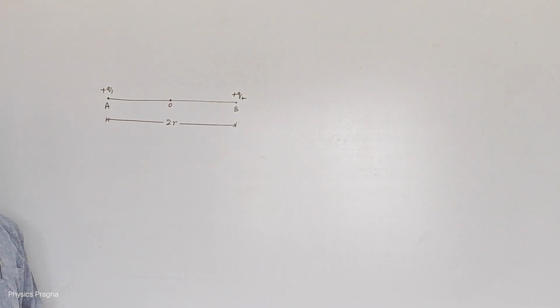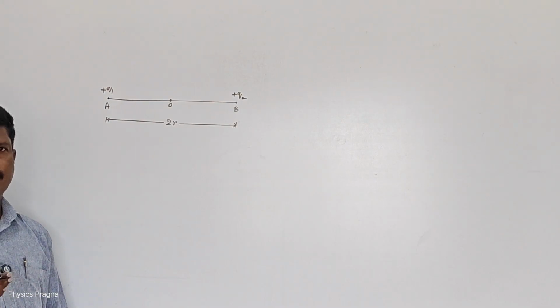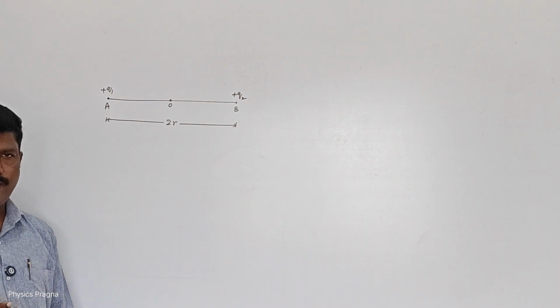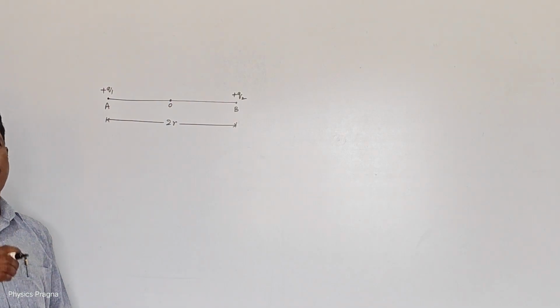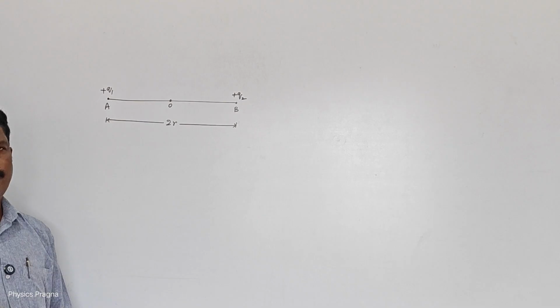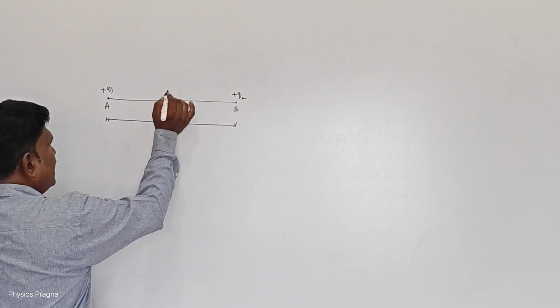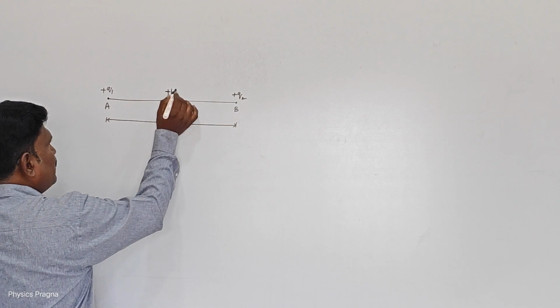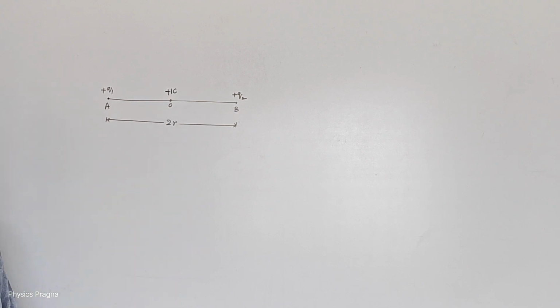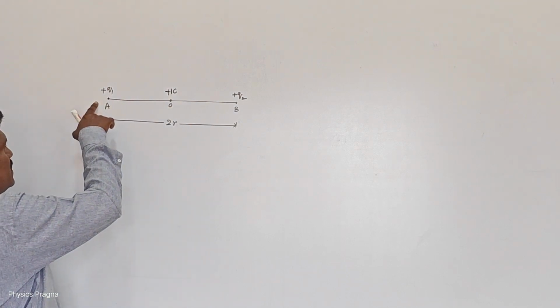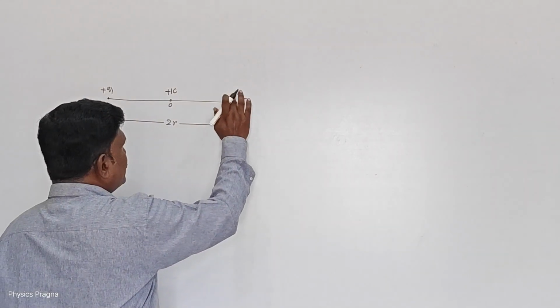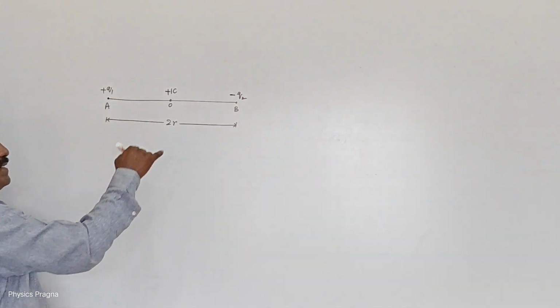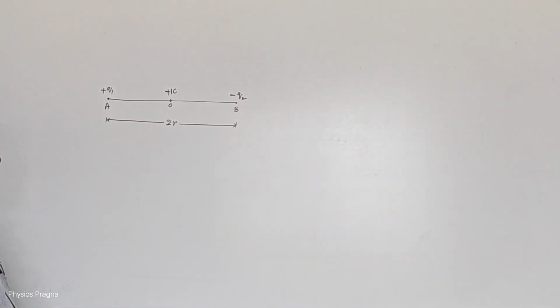Whenever in any problem you've been asked to find the electric field at a point, you just assume that one unit positive charge is there. At this point, one unit positive charge is there. One of the charges is positive and one is negative.